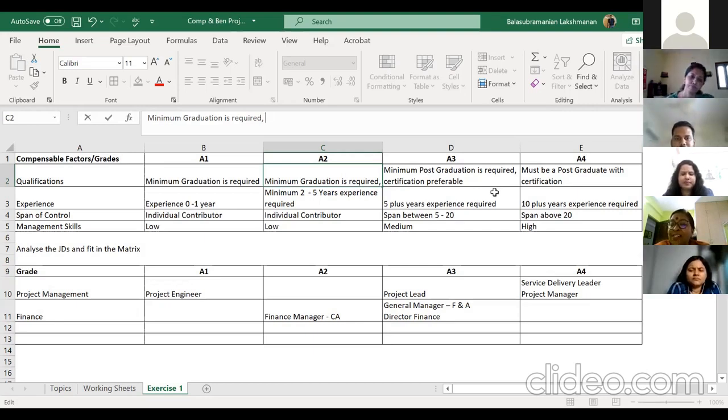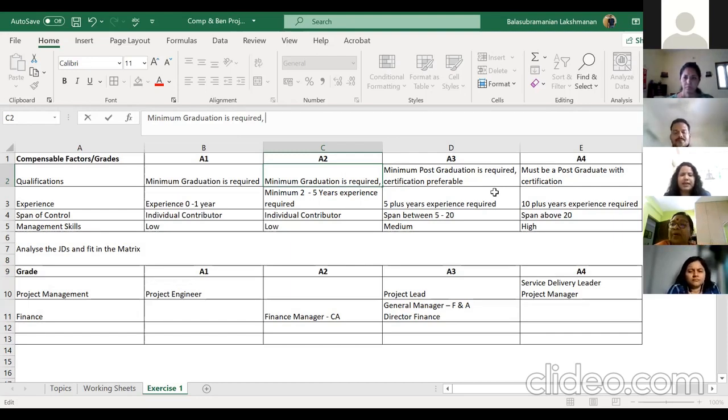You're creating a structure or template, but not necessarily based out of just the positions you have. So that's what the compensation committee does when it sits and decides on the number of grades and the number of compensable factors, which are very core and essential for their salaries. That's how you create that structure, that template. Got it?